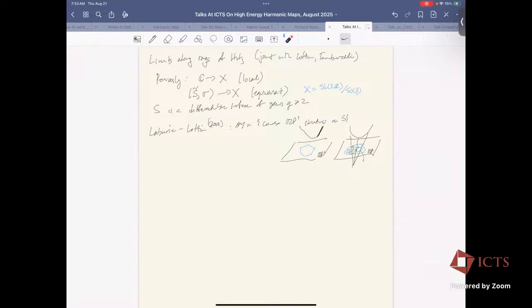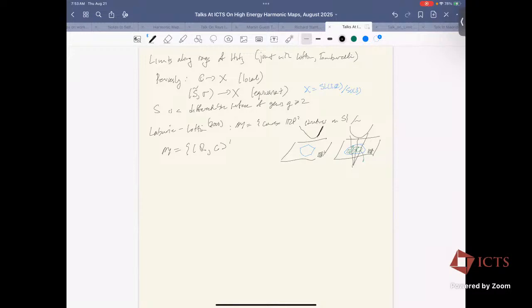So Labourie and Loftin parameterize the space of convex RP2 structures. I suppose I should put in some equivalence, so up to some sort of structure preserving map in a homotopy class. And they're studying this, and what they show is that M may be represented by pairs of a Riemann surface and a cubic differential.